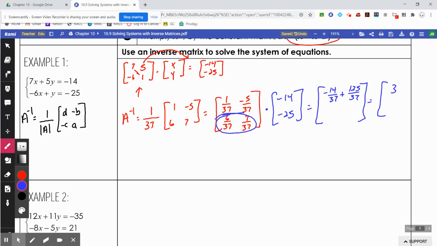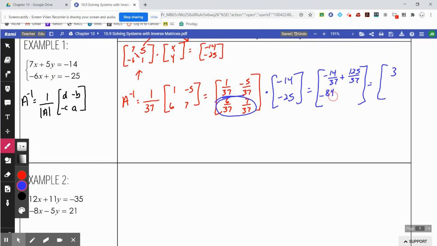Second row now. Second row times the only column will give you a -84 over 37 and a -175 over 37. When you combine those, that's a -259 over 37, which is -7. So therefore, x is 3 and y is negative 7.